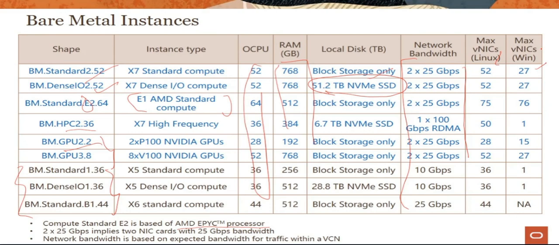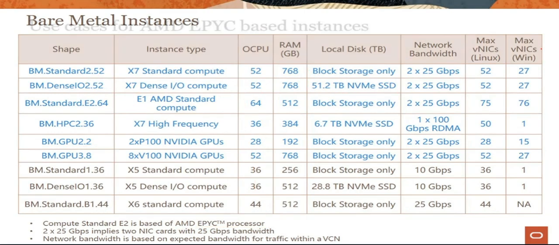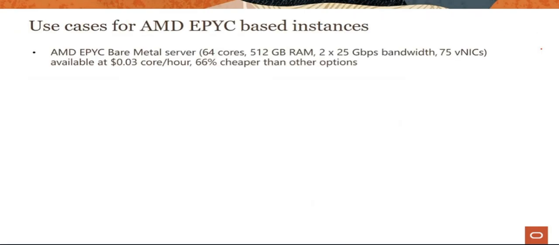In the case of Oracle, an OCPU provides CPU capacity equivalent to one physical core of a processor with hyperthreading enabled. Let me repeat: an OCPU provides CPU capacity equivalent to one physical core of a processor with hyperthreading enabled. You can check the documentation to get more details.